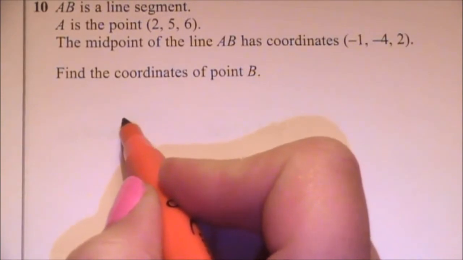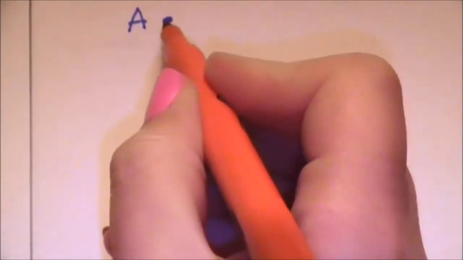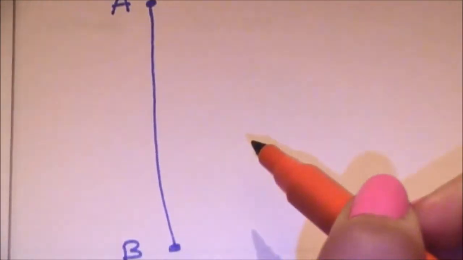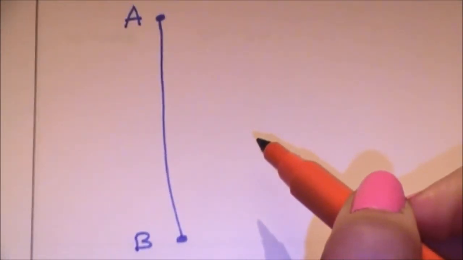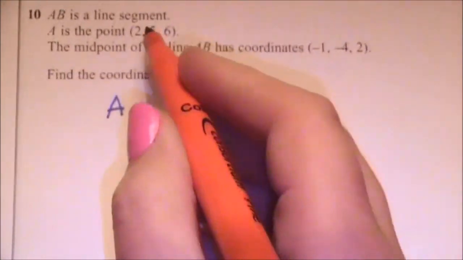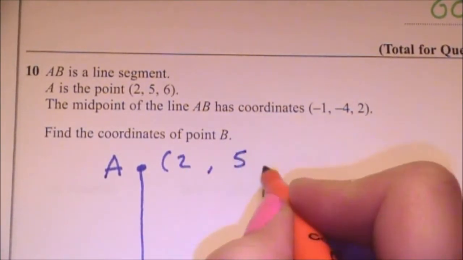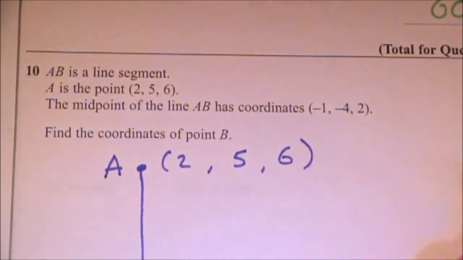So what I'm going to do is picture this line starting at A and going to B. Okay, so starting at A and going to B. Now they've given me the point A as 2, 5, 6.